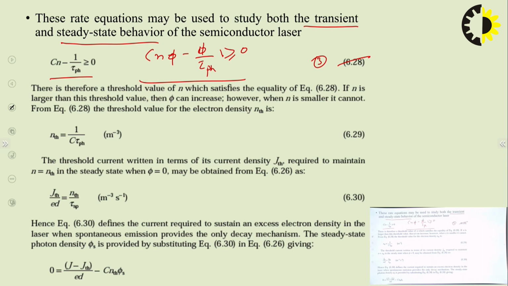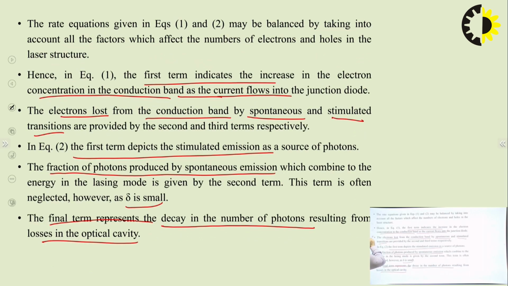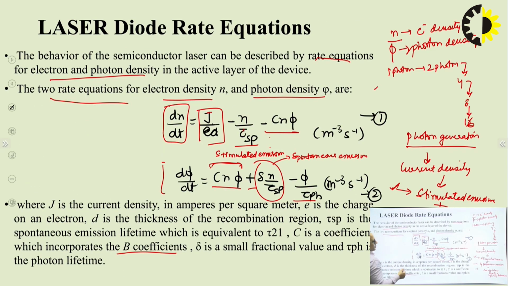How? Because you can see that this is the contribution of photons due to the stimulated emission, and this one is the photon loss. Clear? For the steady state behavior, d phi by dt should be equal to 0 and delta is very small, so we can ignore this term.